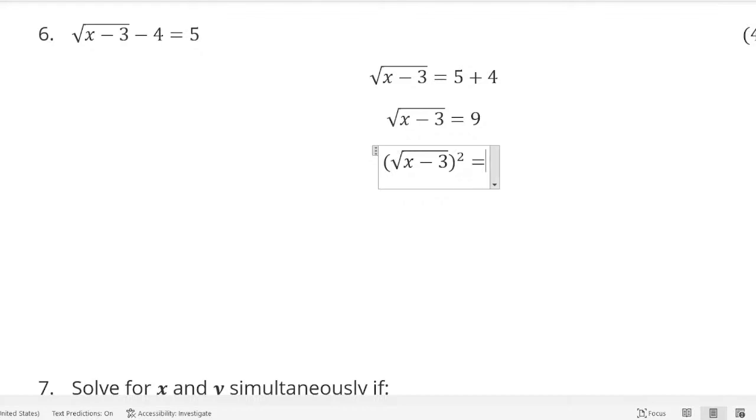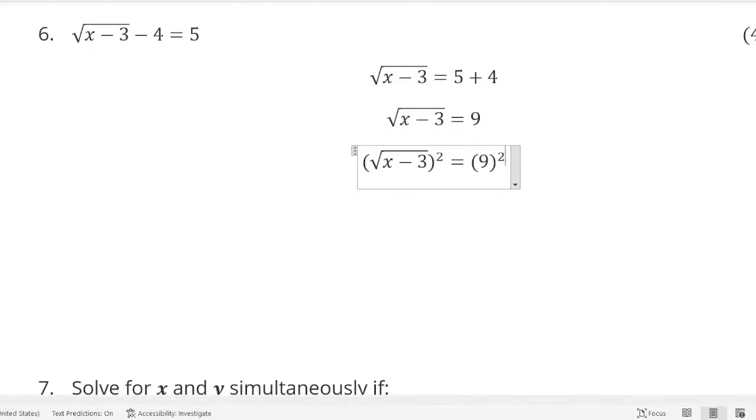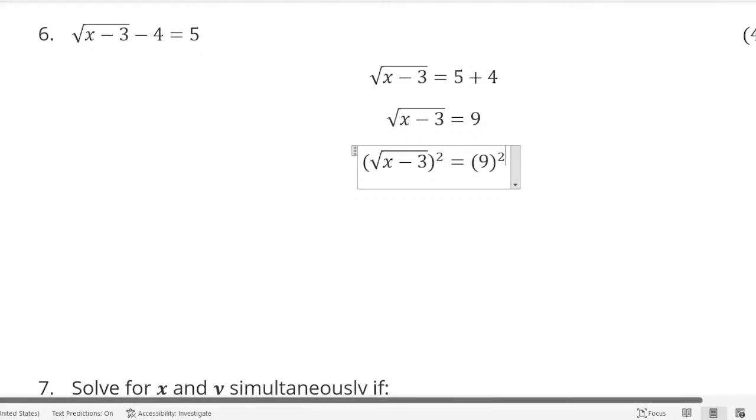Whatever you do on the left hand side, you must always do on the right hand side. Then we have 9 squared.